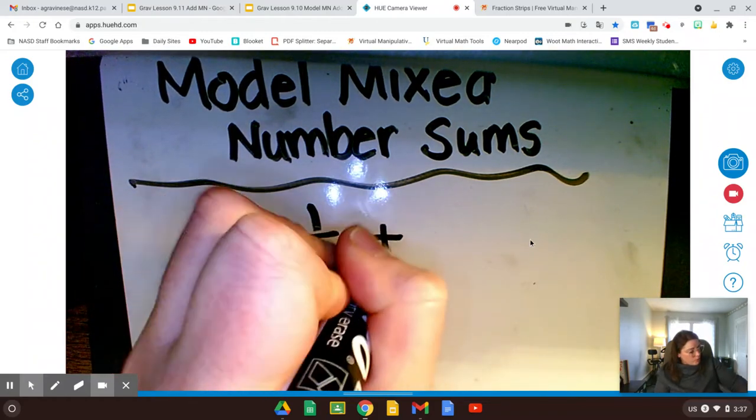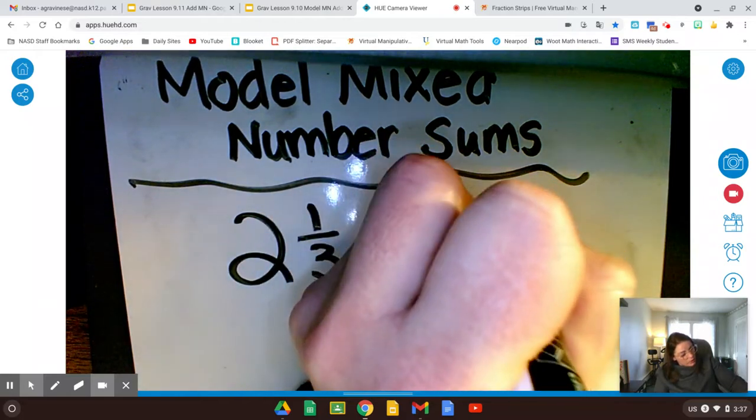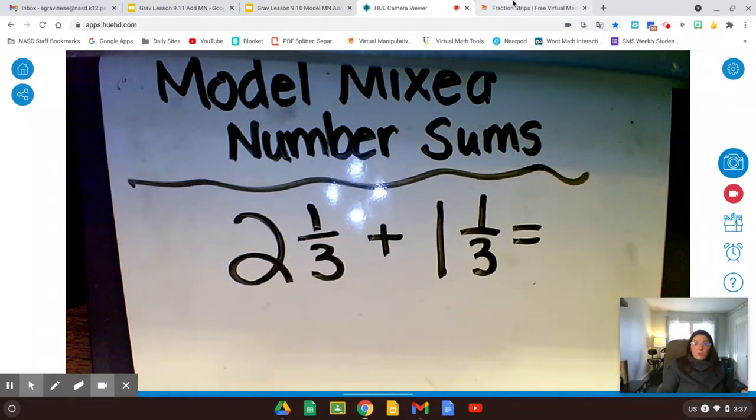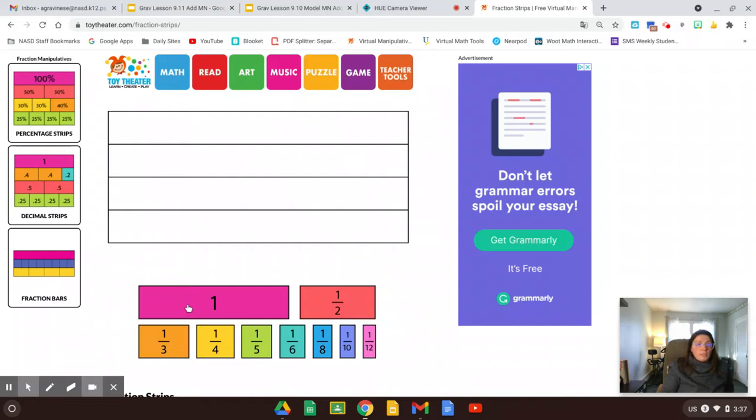So in our first problem, we are going to take 2 and 1/3 and add to it 1 and 1/3. If you use the fraction strips, we could, of course, model this with them. I can take 2 wholes and 1/3, so 2 wholes and a third.